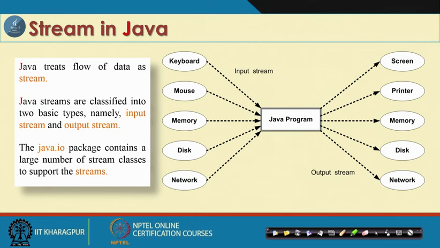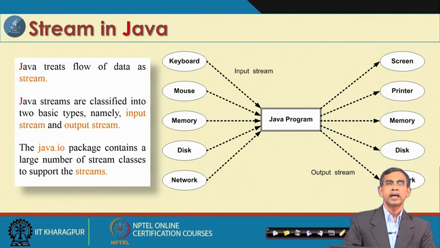For example, the keyboard, mouse, memory, disk, and network are inputs from where data can be collected. Similarly, data can be streamed into other devices like the display unit, printer, memory, disk, and network. So, there are many devices by which the input output stream can be controlled.